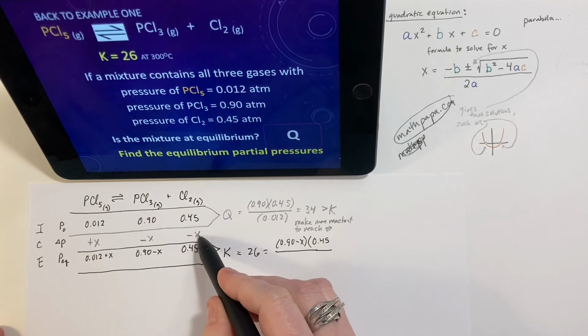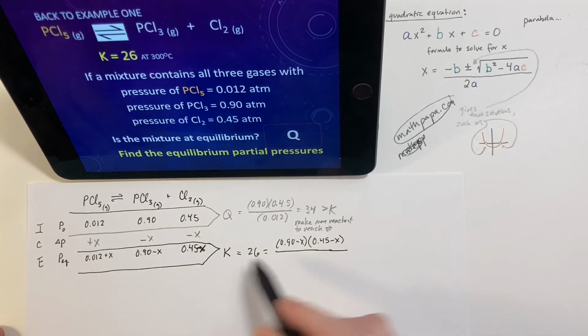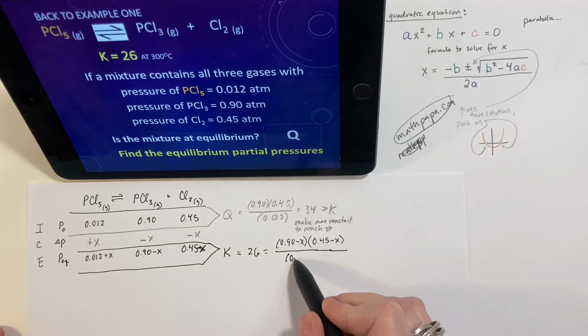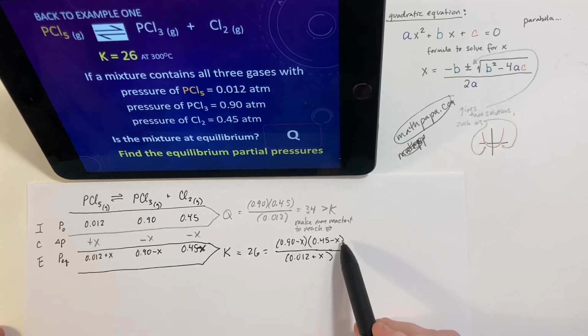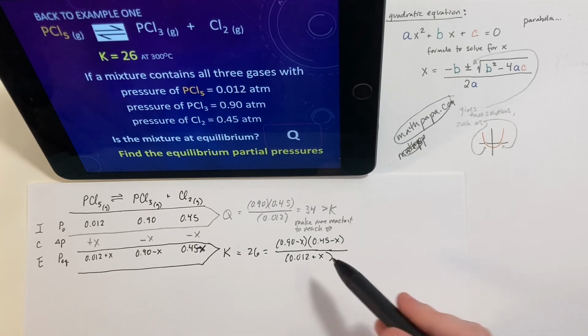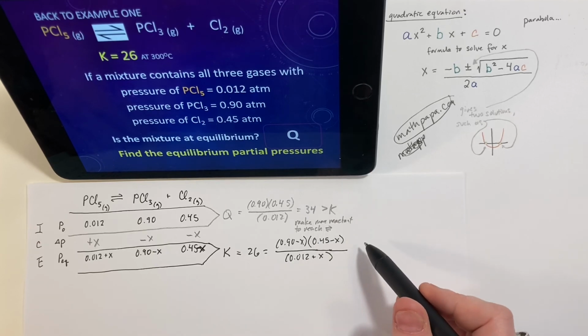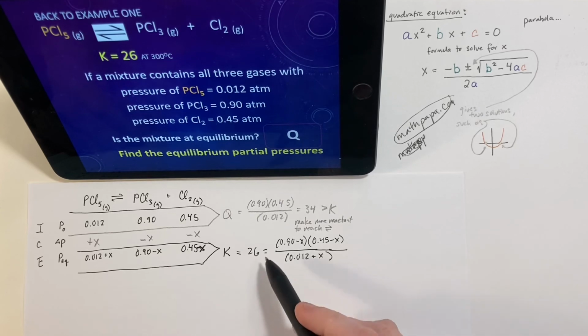Get 0.45 minus X. There we go, we fix that, over 0.012 plus X. So I've got products over reactants. Okay, very nice. So this again is going to be a quadratic equation once we figure all that out.